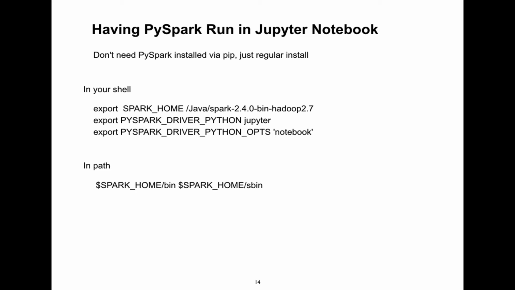You need to set the Spark home to be wherever you've established the download. And then you want the PySpark driver Python version for Jupyter notebooks and options notebook. And then you need a SparkContext home bin.